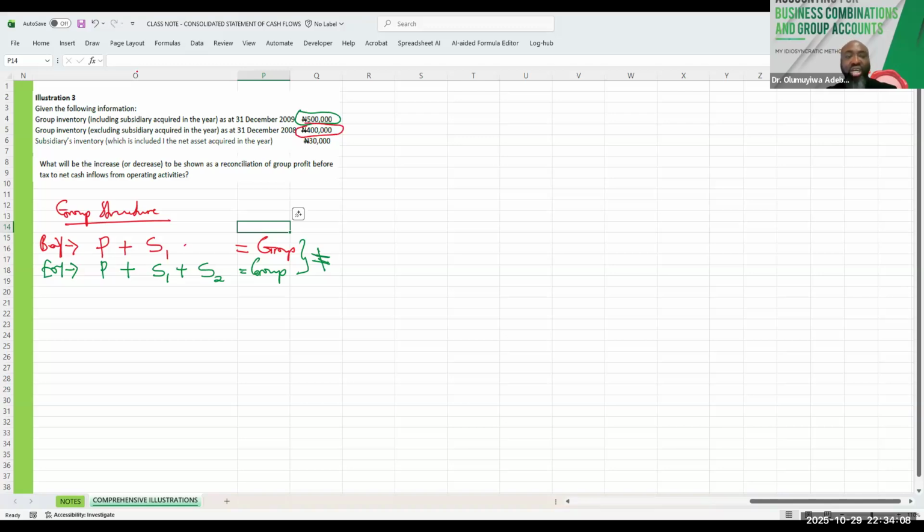Therefore, there are two approaches we can use.